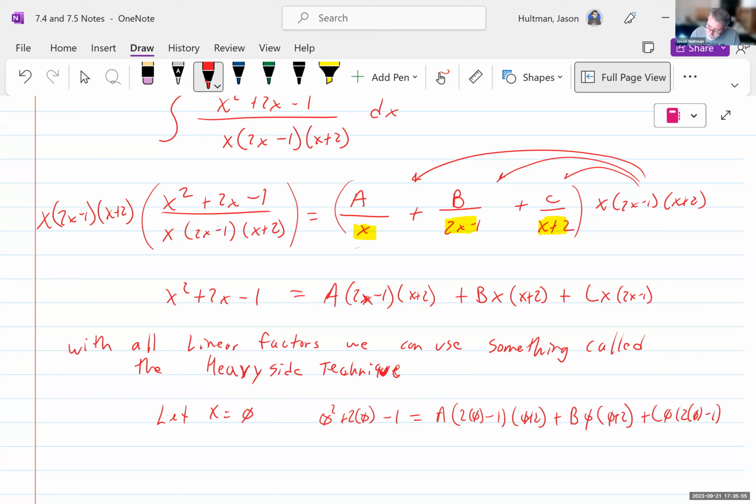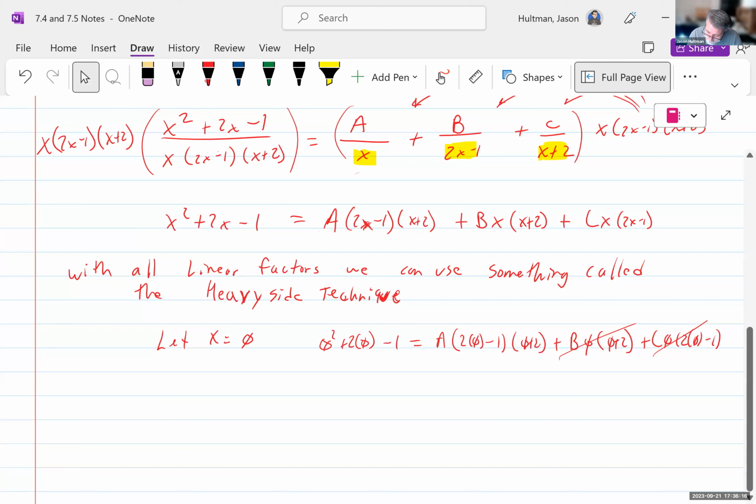And these two terms here, they go away. Okay, anything times 0 is 0. And so for each of these cases, letting x equal some nice value, it's going to clear two of those terms for me, leaving me, in this case, with just the a term.